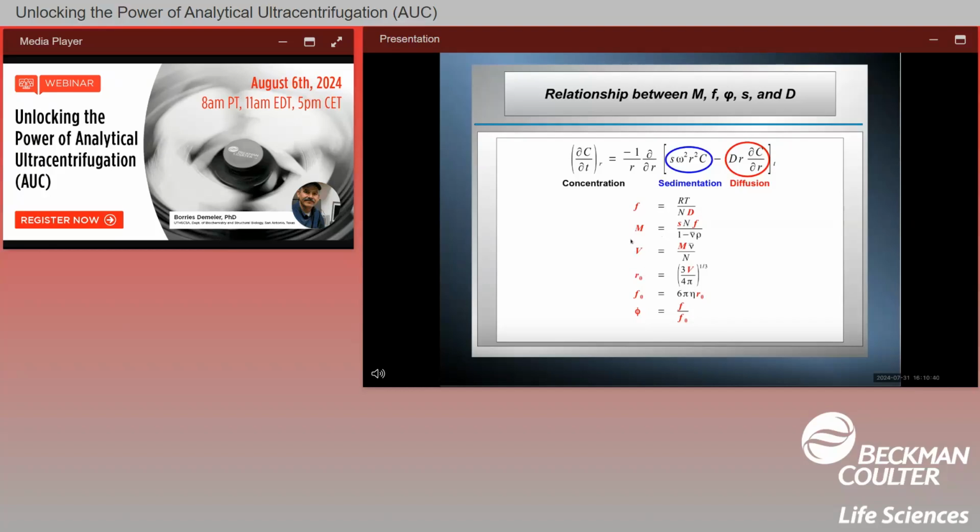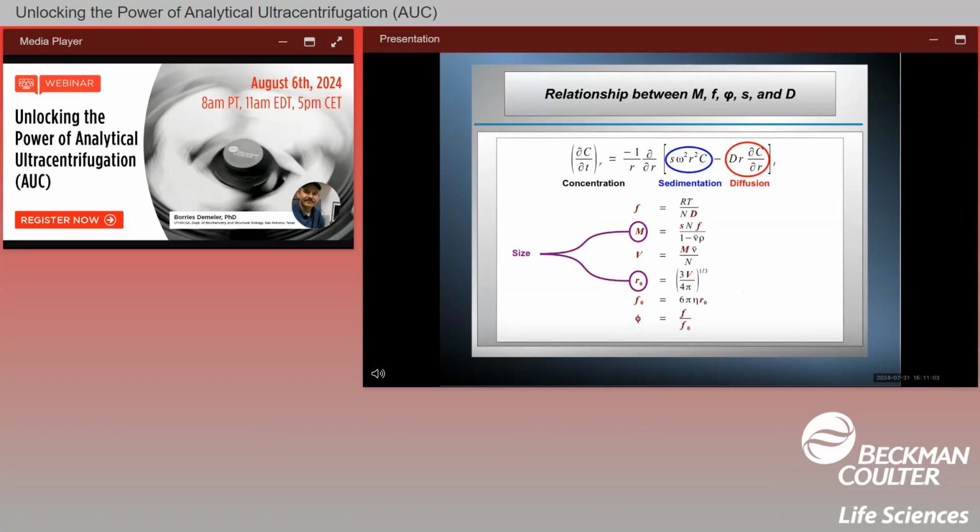And that ratio of the frictional coefficient over the minimal frictional coefficient gives us then the anisotropy phi, which is a metric for the globularity of the molecule. So we can obtain shape dependence for our molecules.